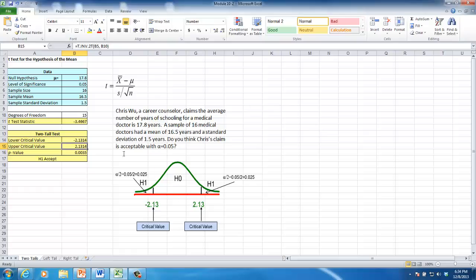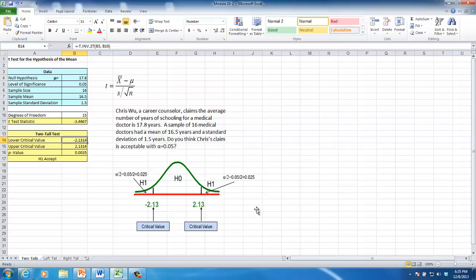Since this is two-tailed, that should be minus 2.13 and plus 2.13. You can notice here I just have a minus sign in front of the function, minus T.INV.2T, because on the left side it should be a minus.